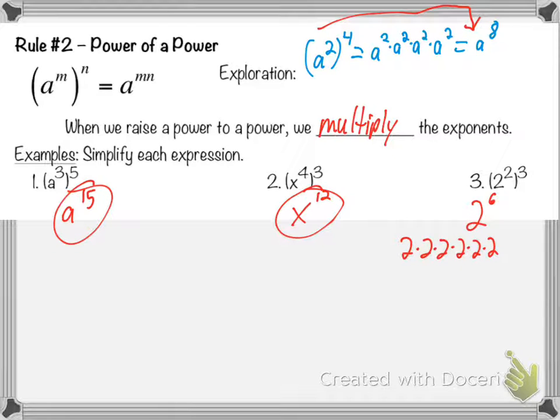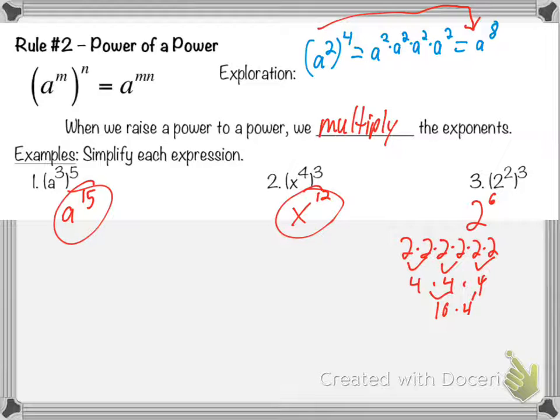We probably don't know 2 to the 6th off the top of our head. Okay, we can say, what's 2 times 2? 4. And these are still multiplying together. What's 4 times 4? 16.